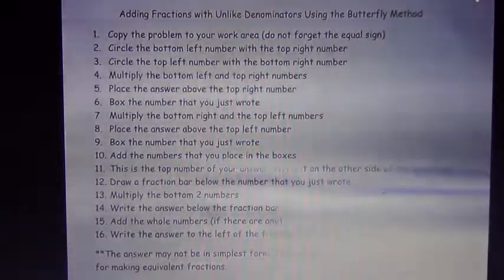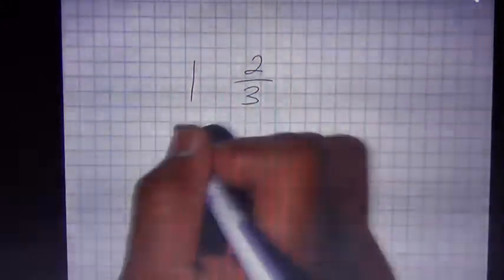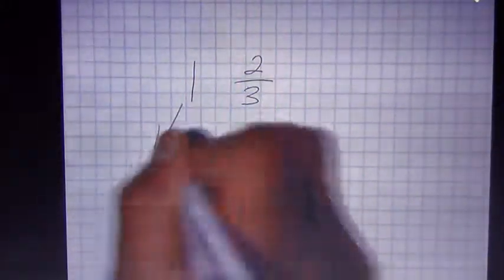Before we get started, I just want to very quickly say that fractions can have three parts. I just wrote the fraction 1 2/3. So a fraction can have a whole number.